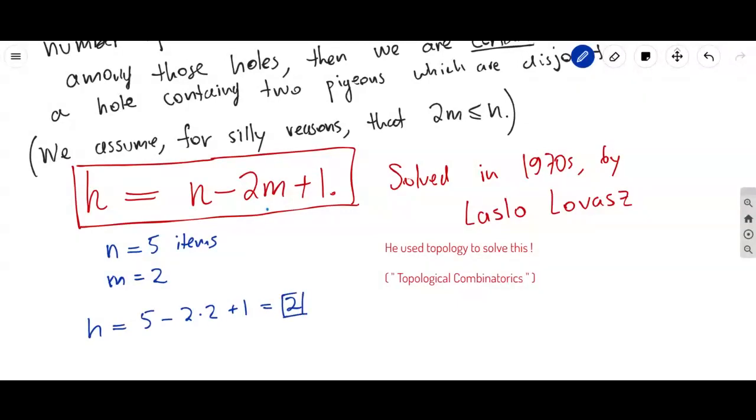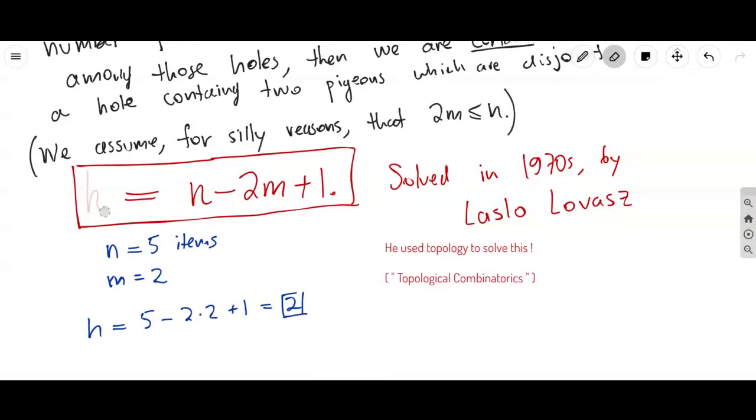So we saw that if you have 2 holes, then you're guaranteed to find 2 pigeons in the same hole that are non-overlapping. But if you have 3, then there is a way to do it so they do not overlap. That's not really what the problem is about. The problem is about being certain that no matter how you do it, they will not overlap.